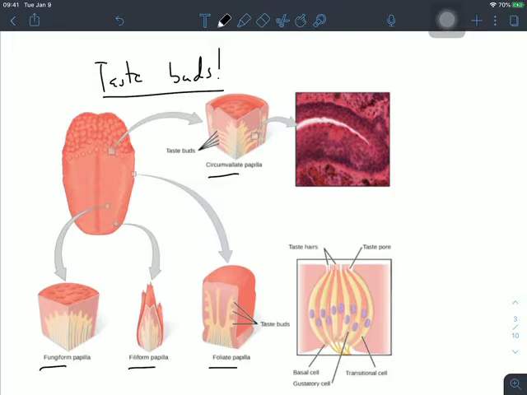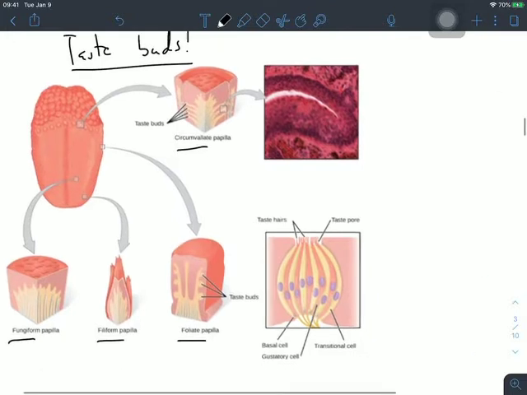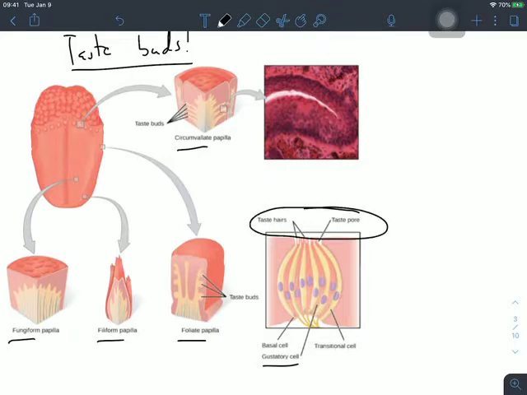So different types of hairs that allow for different types of detection. But ultimately they wire into something where you have a gustatory cell, meaning a taste bud cell, and the hairs and the pores on the top that either allow for mechanical sensation or chemical sensation of different types of flavor.